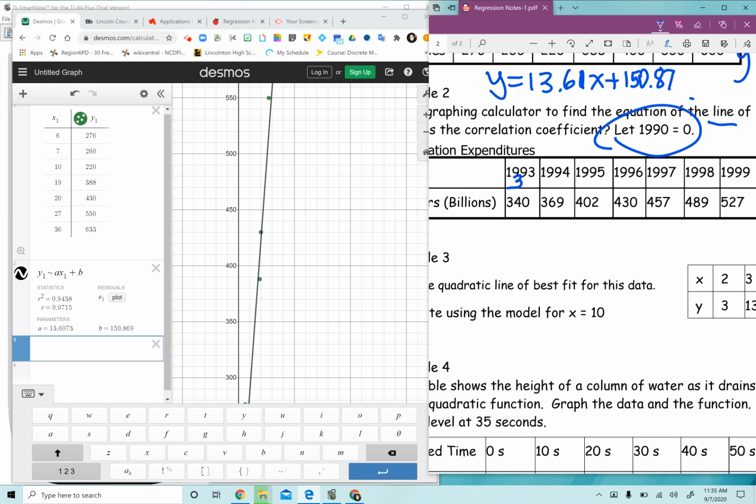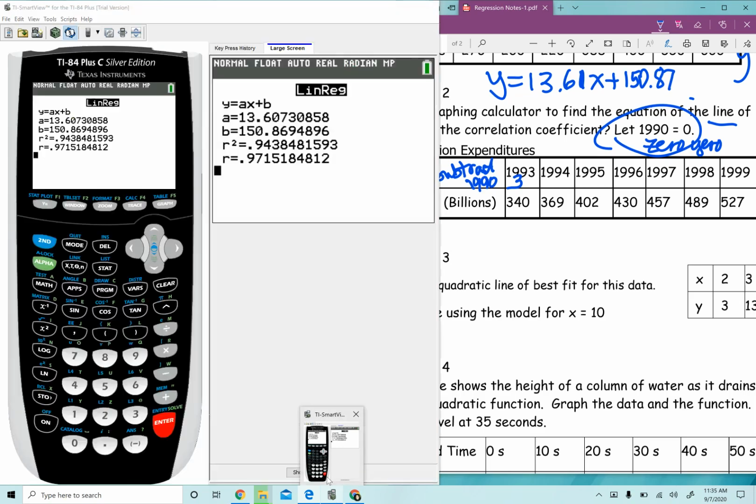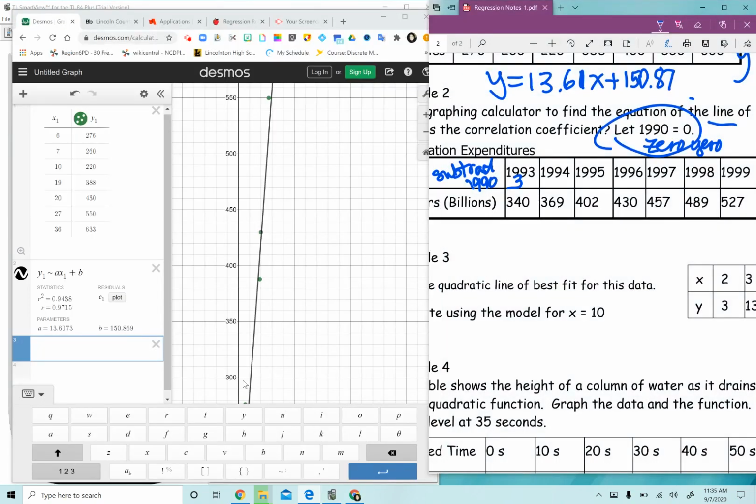So this is the 0 year, and you would subtract 1990 from all of these years. When you put it in your calculator, it will do that work for you. That's one thing that's nice about the calculator.